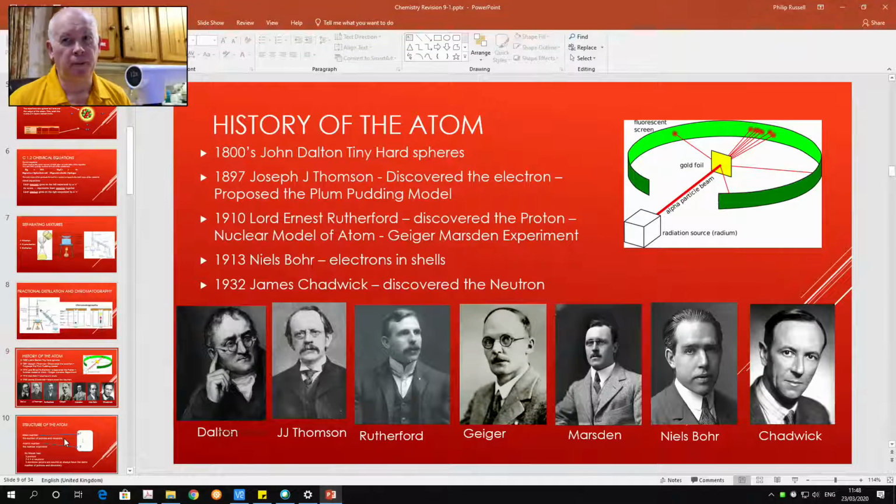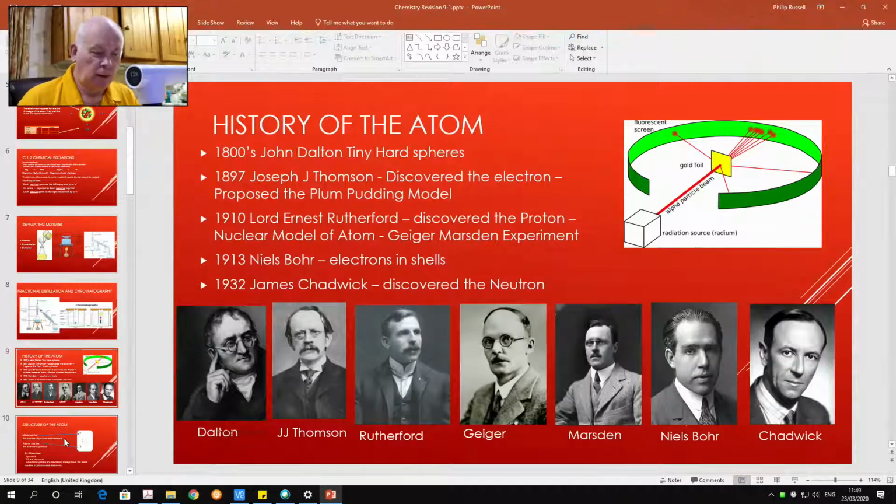If the plum pudding model was correct, then the atoms wouldn't let these alpha particles go through. But they did. And this probably cheered a few people up, probably upset even more people.